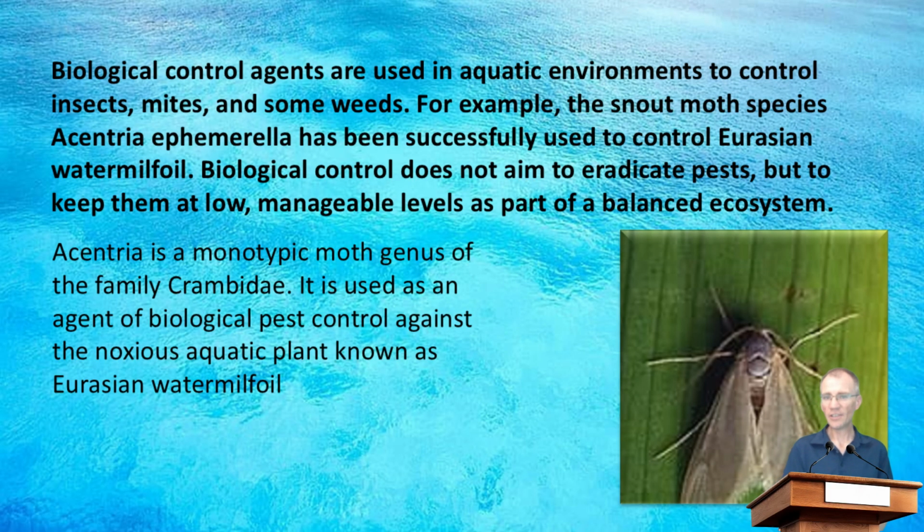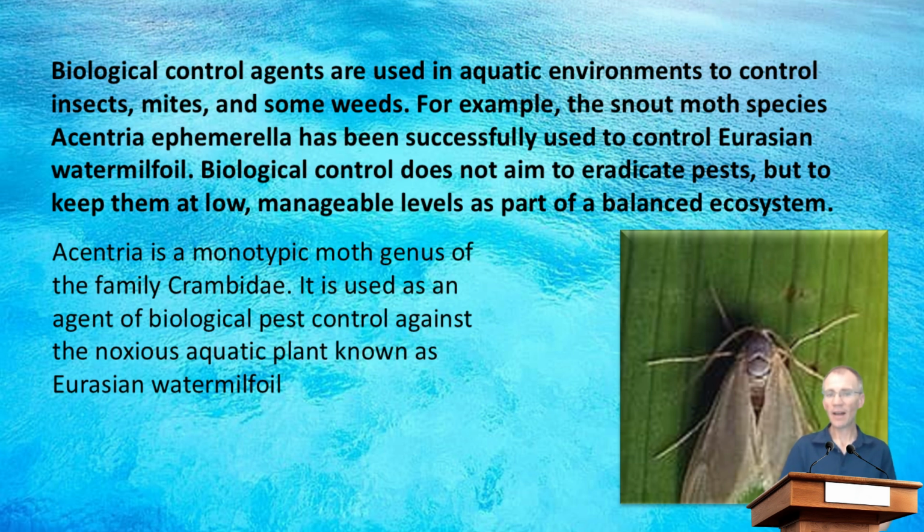Biological control agents are used in aquatic environments to control insects, mites, and some weeds. For example, the snout moth species Acentria ephemerella has been successfully used to control Eurasian water milfoil. Biological control does not aim to eradicate pests, but to keep them at low, manageable levels as part of a balanced ecosystem.